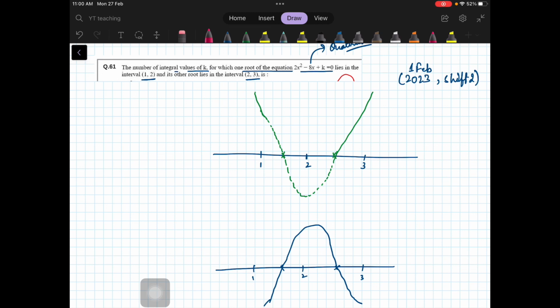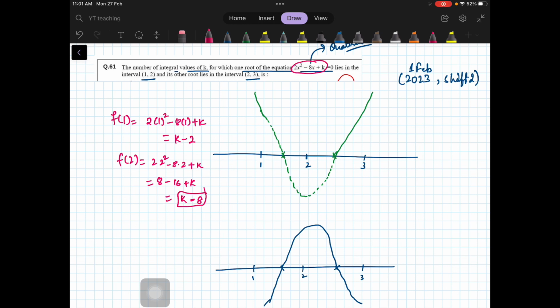So if we find f of 1, you put x equal to 1: 2 into 1 square minus 8 into 1 plus k, which gives k minus 6. Then f of 2 is 2 into 2 square minus 8 into 2 plus k, so 8 minus 16 plus k, which gives k minus 8.